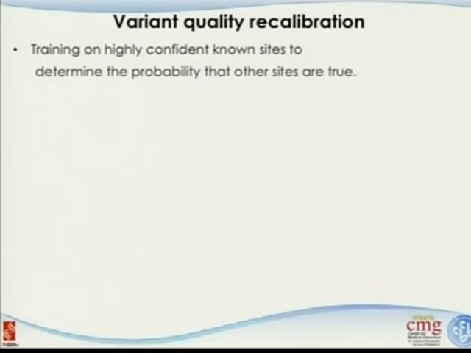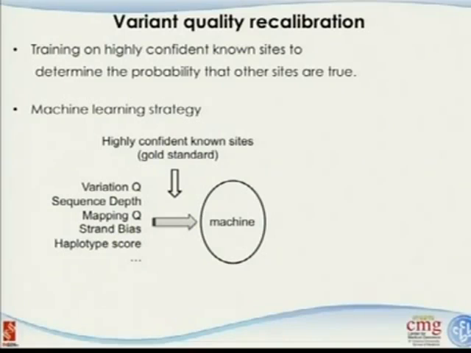And variant quality recalibration is another thing that can be very interesting. Once we have a variant quality, when we say this is a variant here, and this is homozygous, there are many different measurements on that as well, including the strand bias and a couple of other things. But is that real or not?